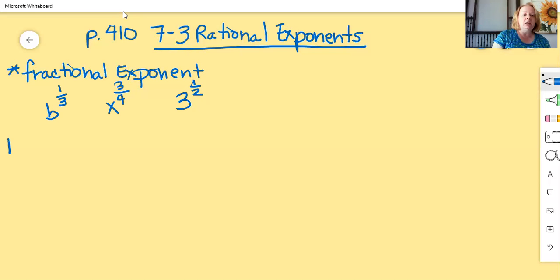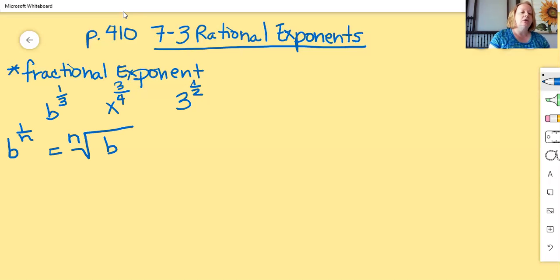So let's define what b to the 1/n power means. So that's going to equal, and we're actually going to use a root. So the n is going to be what's called the index of the root.